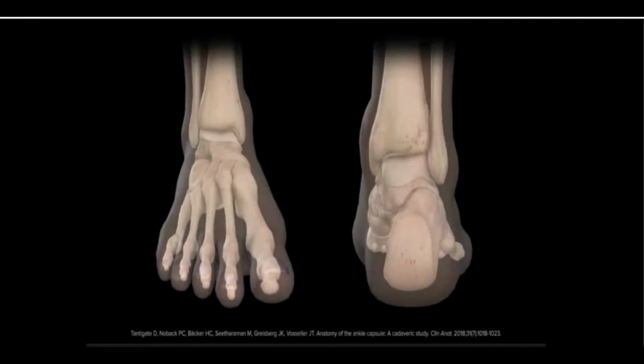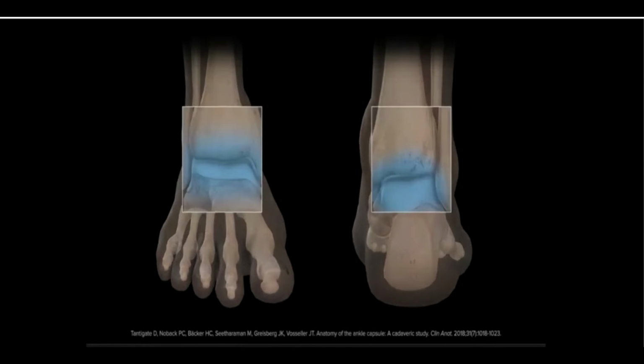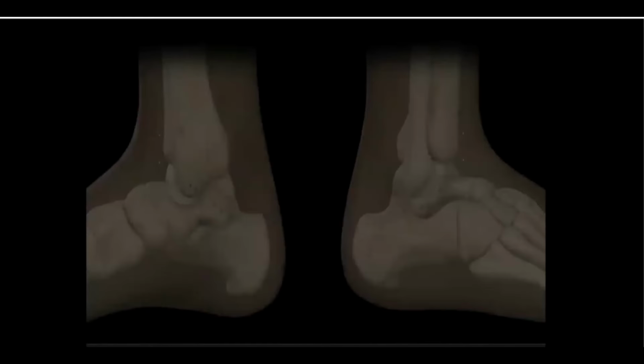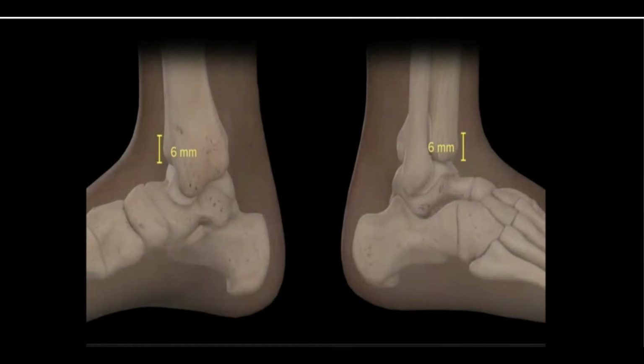The ankle joint capsule inserts beyond the articular cartilage on both the tibia and talus and has regions that are confluent with the ligamentous complexes of the ankle. The average attachment sites of the capsule are reported as 6 mm proximal to the cartilage rim on the tibia and 3 mm from the distal cartilage border on the talus.